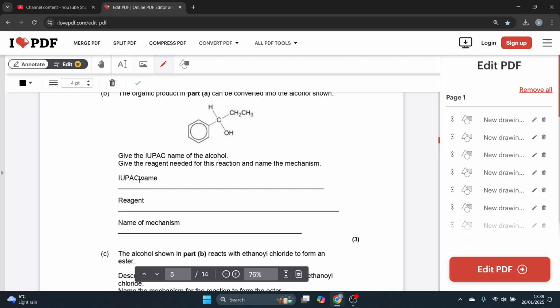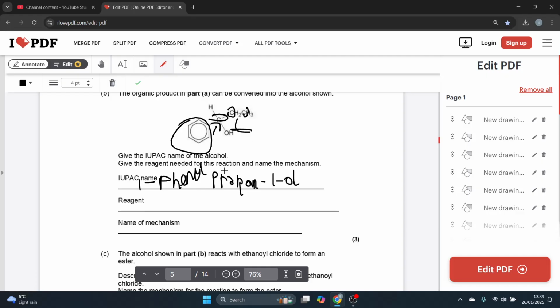It's going to be 1-phenylpropan-1-ol, because I've got the phenyl group attached to the first carbon. Propan, because methane, ethane, propane, and then the oxygen is bonded to this carbon as well. So 1-phenylpropan-1-ol.